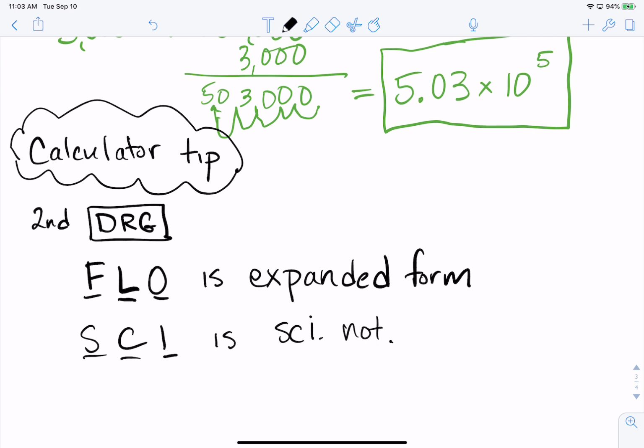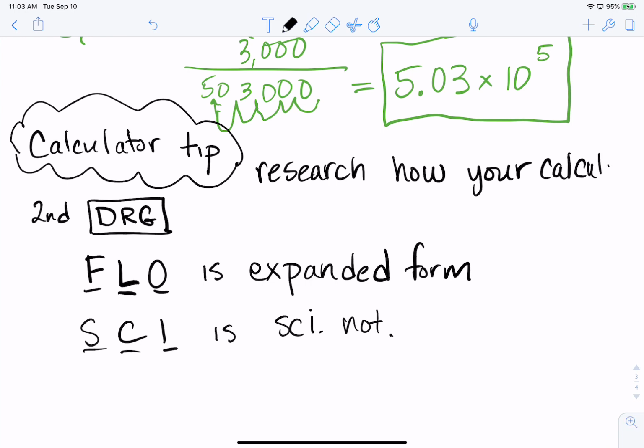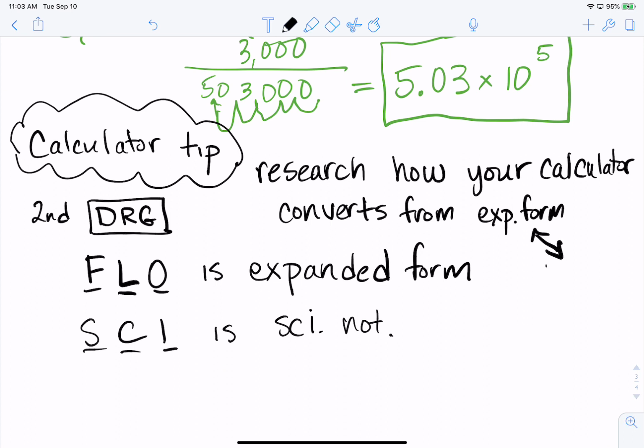So you want to research how your calculator converts from expanded form to scientific notation.